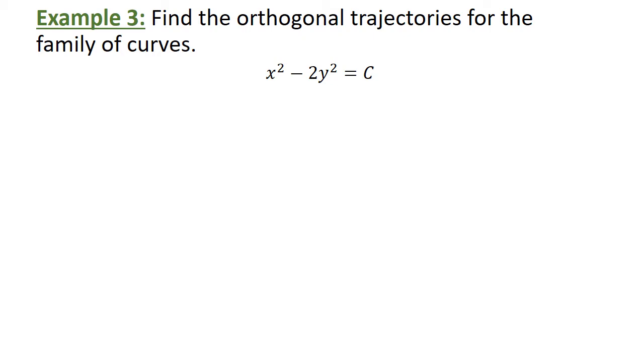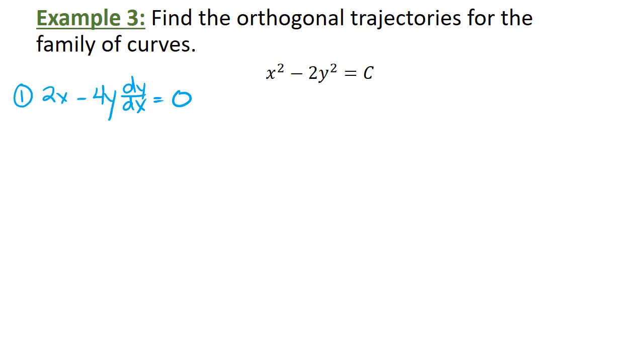So what I want to do is I want to find the derivative of this, because remember, the derivative is fancy for slope. So I'm going to apply implicit differentiation here with respect to x, and that will allow me to find dy dx. So doing so, I end up with 2x minus 4y dy dx is equal to 0 because the derivative of a constant is 0.